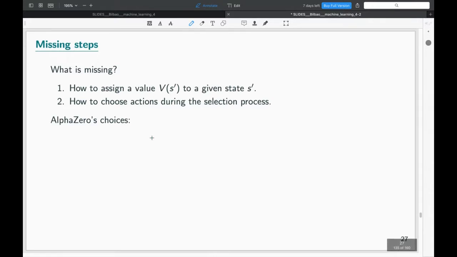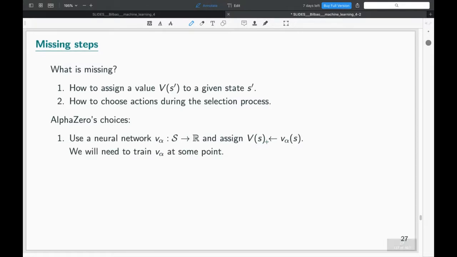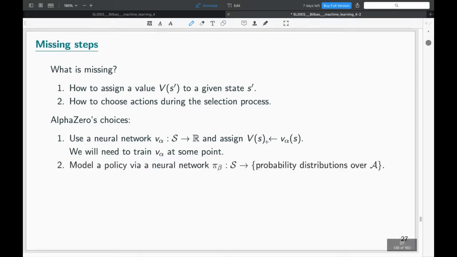So what are the choices of AlphaZero? One, for the assignment of values, surprise, you use a neural network that goes from states to real values, and the value of a state is just the value given by the neural network. This means that we will have to train the neural network.